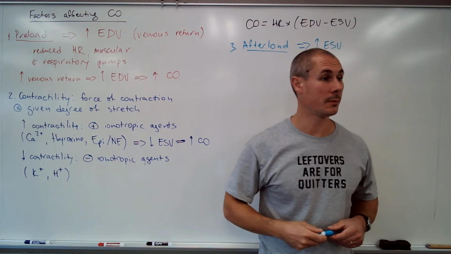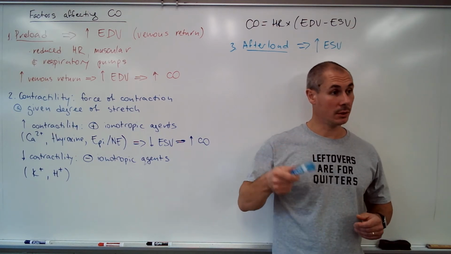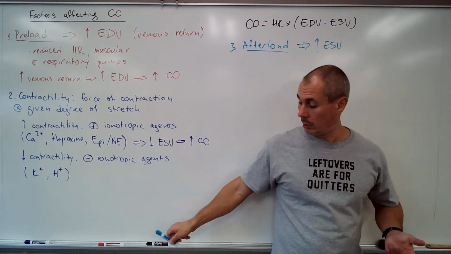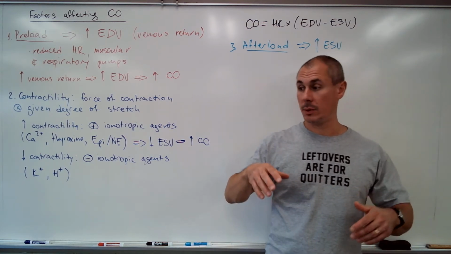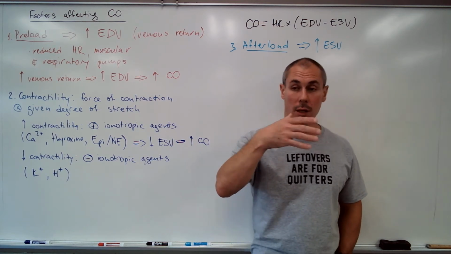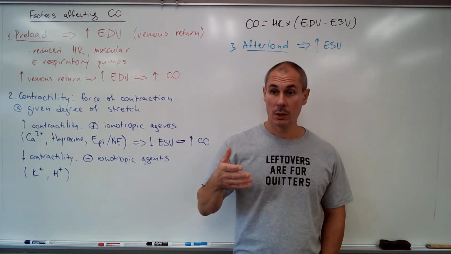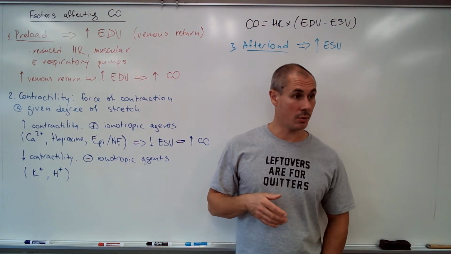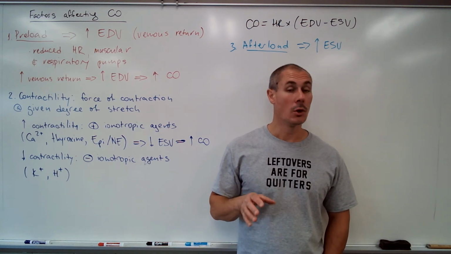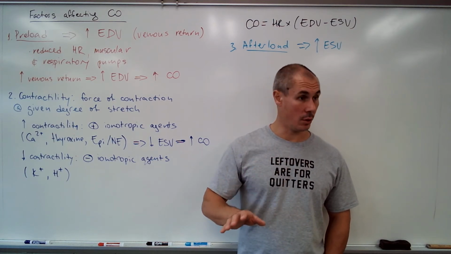Does that make sense? Now, afterload or end systolic volume, what does it depend upon? Remember when we were talking about the heart anatomy, we mentioned that ventricles pump the blood out, right? Let's talk about left ventricle for a change.